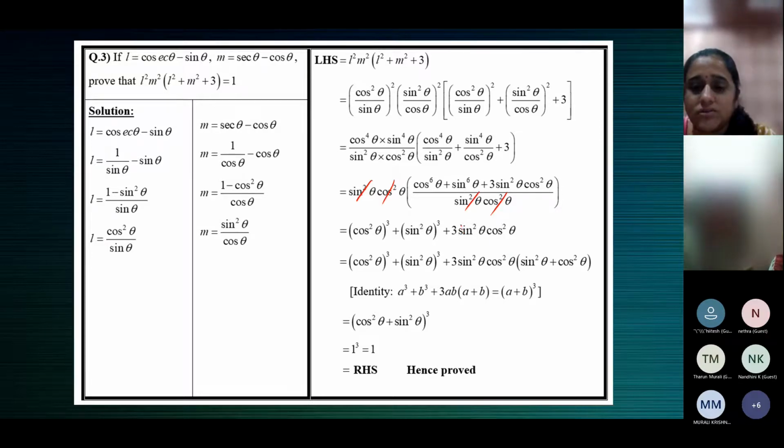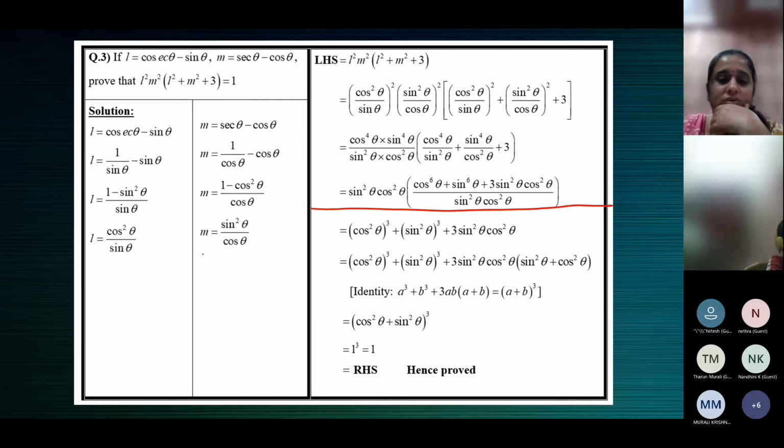You can just write this as cos square theta plus sine square theta. Right till here, and then I'll continue here, children. After this, please continue from here.